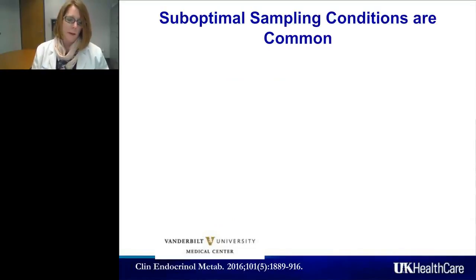So the Endocrine Society goes on to suggest that there are times in which it's impossible to collect those specimens during optimal sampling conditions. And so they have defined several conditions which represent suboptimal sampling conditions. And we at Vanderbilt, as a part of our studies on primary aldosteronism, looked to see how renin and aldosterone were ordered in our patients, whether they were ordered in optimal or suboptimal sampling conditions.